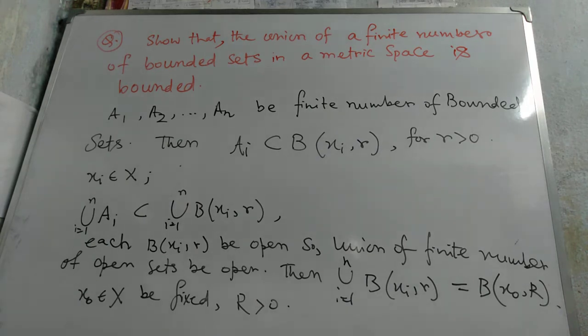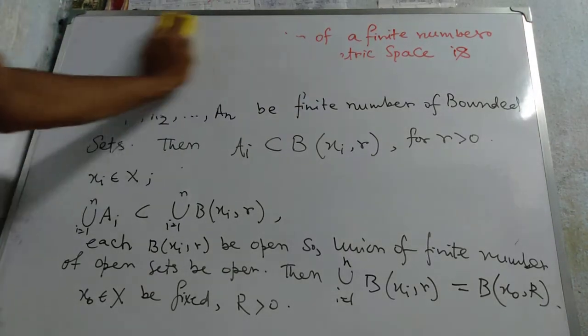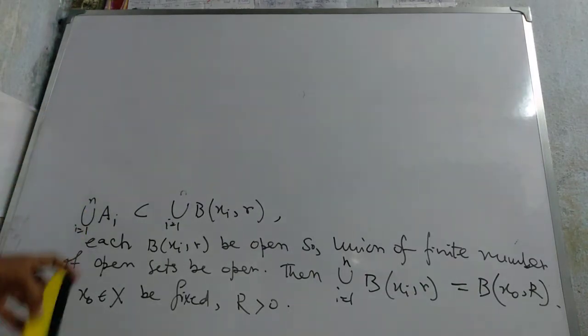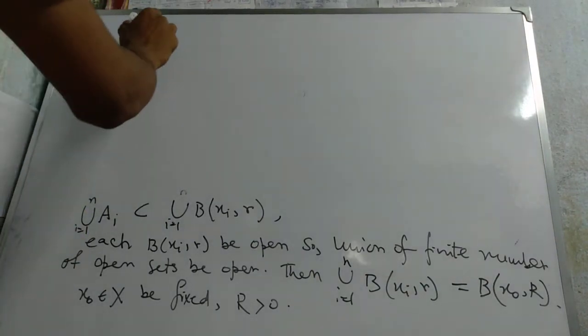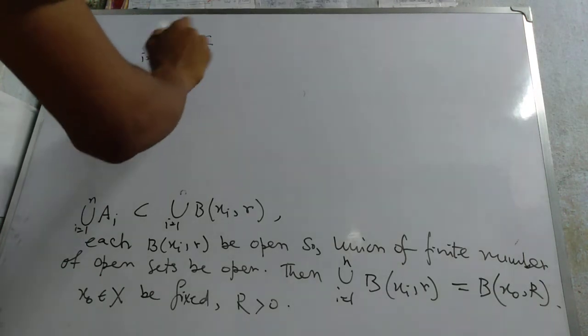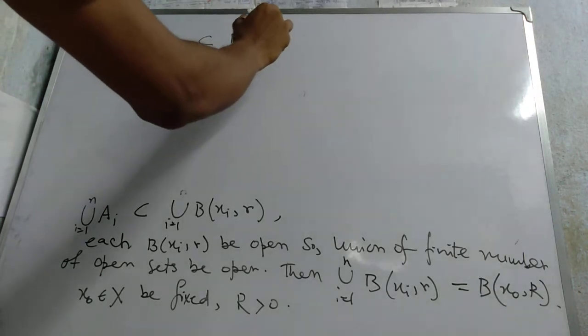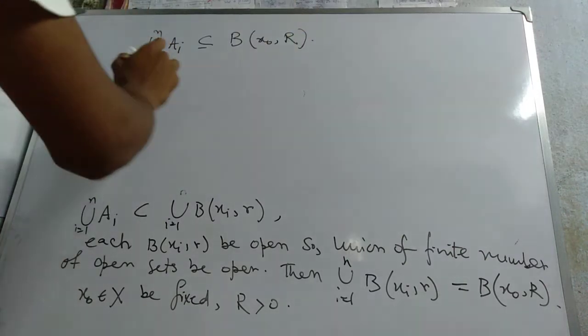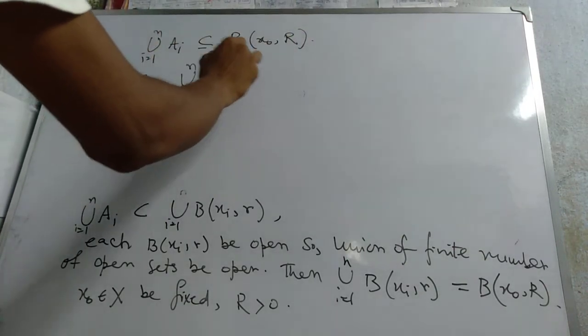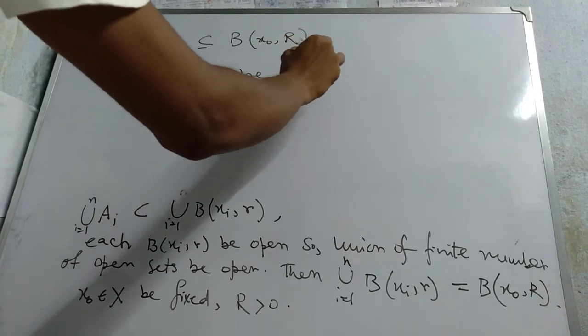Then we erase this portion, then we find that the union of i equals 1 to n of Ai is a subset of B(x0, r). So the union of i equals 1 to n of Ai is bounded.